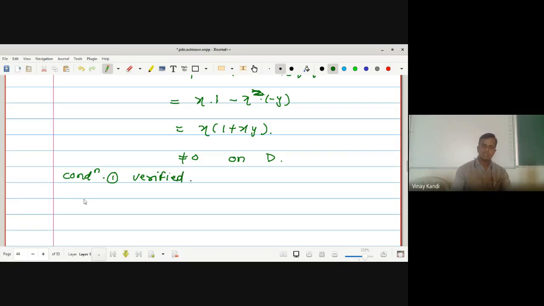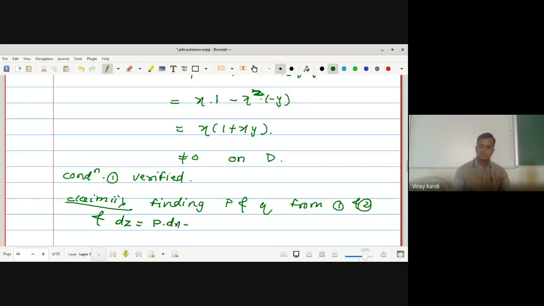Now what is the second condition? Claim number 2. Finding p and q from 1 and 2, and dz is equal to p dx plus q dy is integrable.